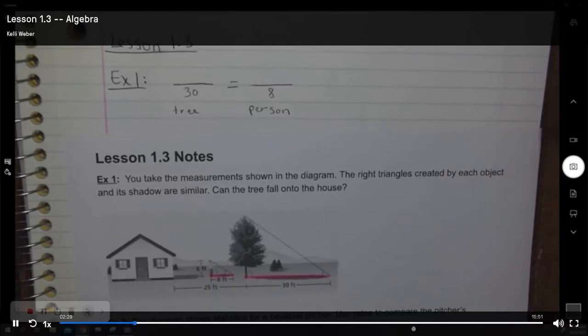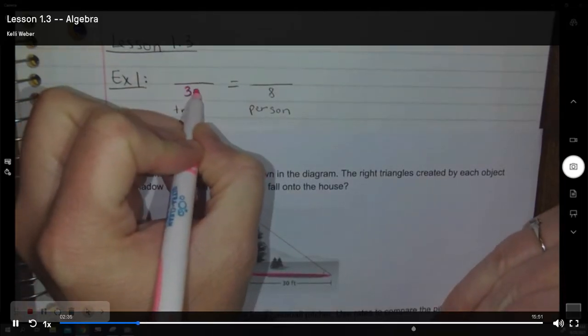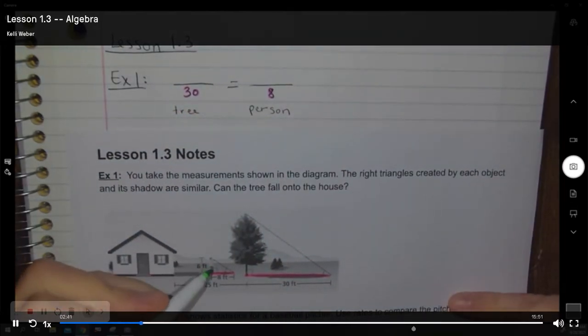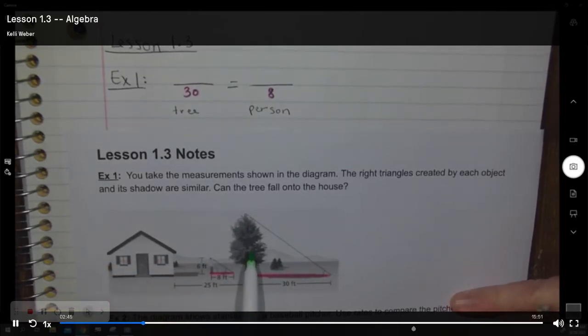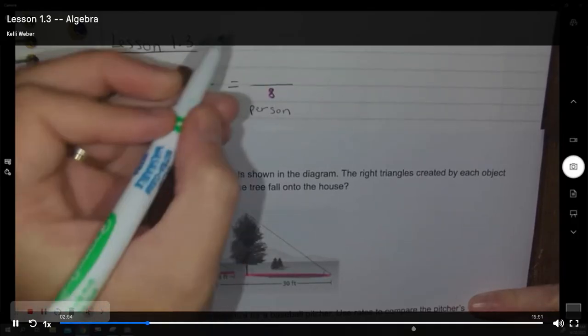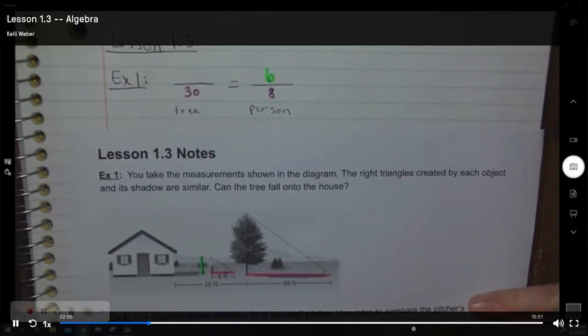So then the other thing that I have to look at is, actually I wanted to color coordinate those. So 30 and 8. And the next thing we're going to look at is the height, because we need to know how tall this tree is in order to know whether it's going to be tall enough to fall and hit the house. So my human is 6 feet tall. So my person, 6 feet tall.